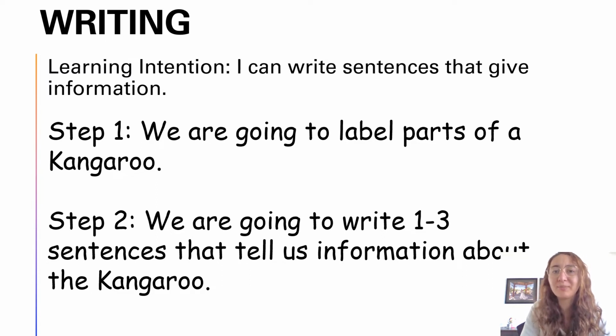This is so we can continue practicing focusing on the information we're giving rather than on what the different parts of a kangaroo are, because learning about the kangaroo is not our main objective. That means it's not the point of our lesson. So why are we doing kangaroos? Because I love them as well. Okay, so let's get started.